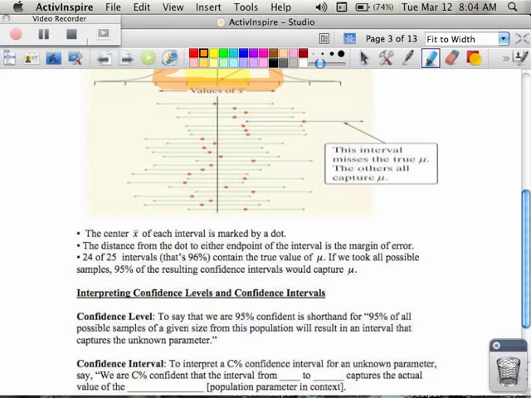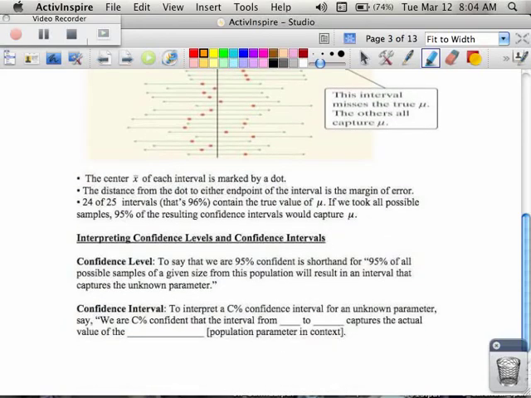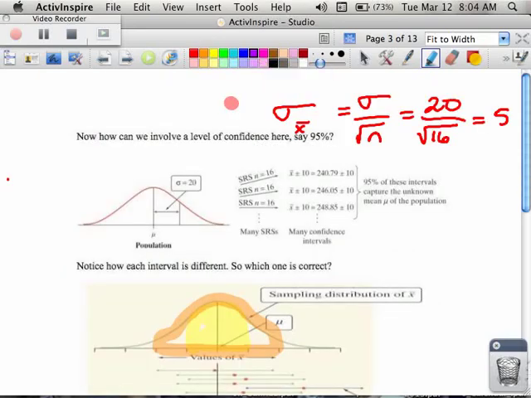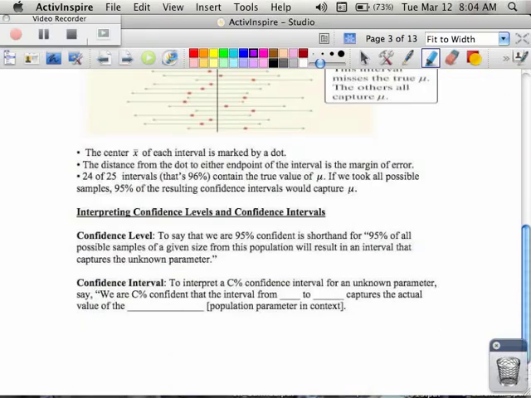When you interpret confidence intervals, there are two different things that they talk about. They talk about a confidence level, that's our 95%, and they talk about the confidence interval, that's whatever your mean is plus or minus your margin of error. One of the things we want you to do in our class is memorize the following phrase. This is something that you will use all the time.